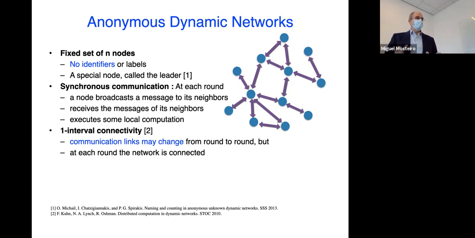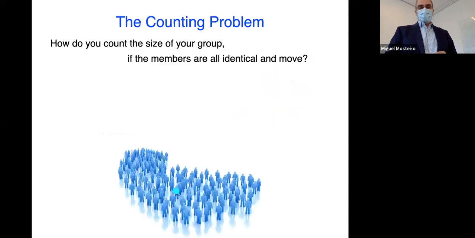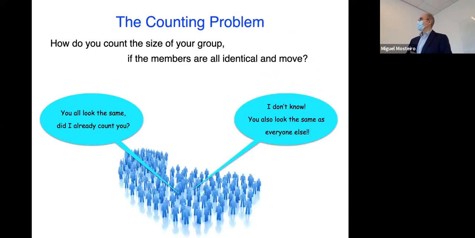The communication is reliable. We may have a MAC layer behind it to ensure the communication, but the challenge is in the dynamicity. From round to round, the links may change arbitrarily. That is what basically makes the counting problem difficult.